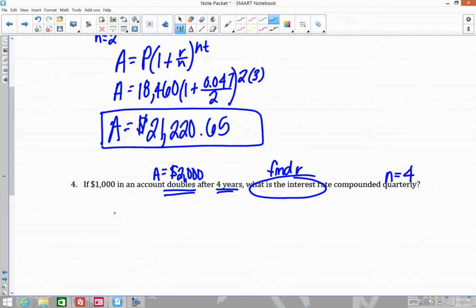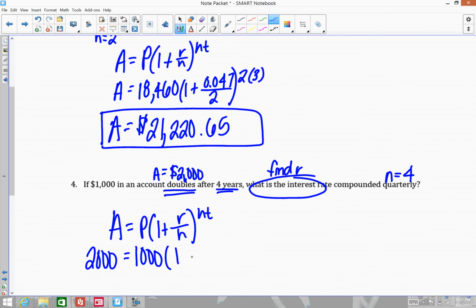So we go ahead and we set this up. So let me just rewrite our formula here. So the amount is going to end up being 2,000. The original is 1,000. 1 plus your interest rate is what you're trying to find.